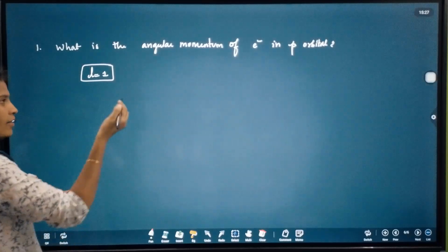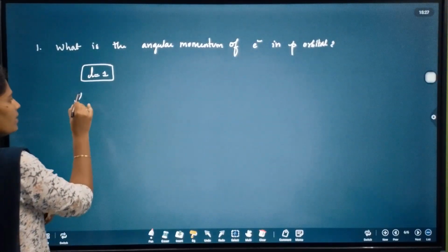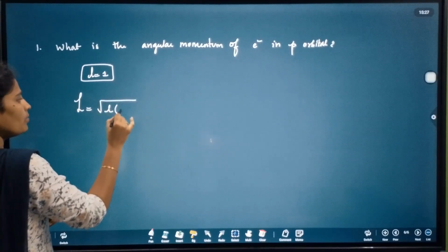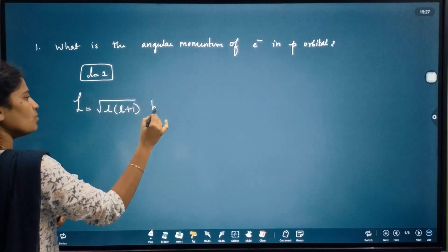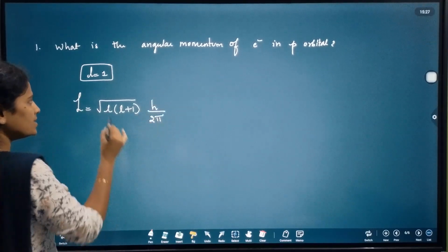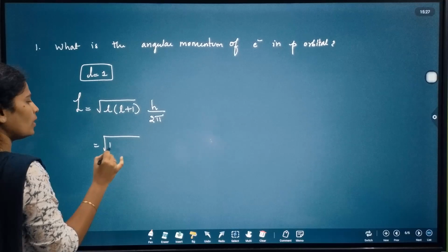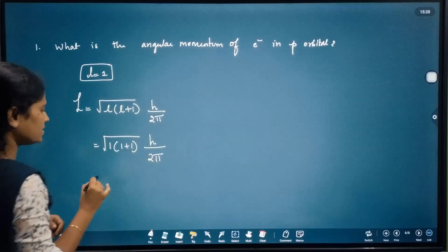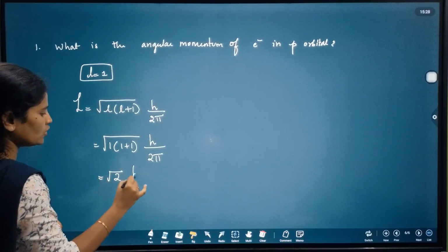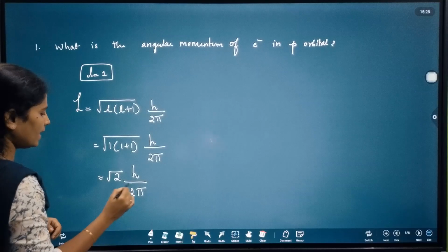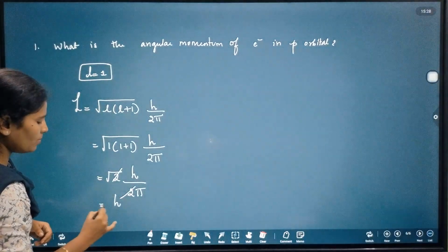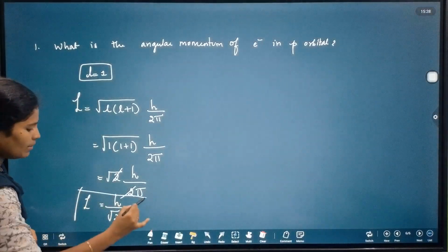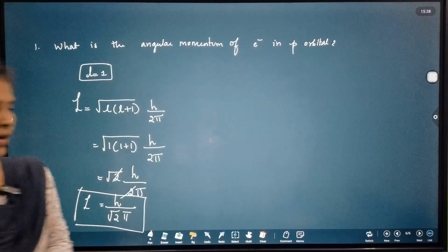The suitable formula is angular momentum equals root of L into L plus 1, times h by 2π. With L equal to 1, we get root 2 times h by 2π. Once we cancel this, we get h by root 2 π. Like that, we can calculate for D, F and so on.